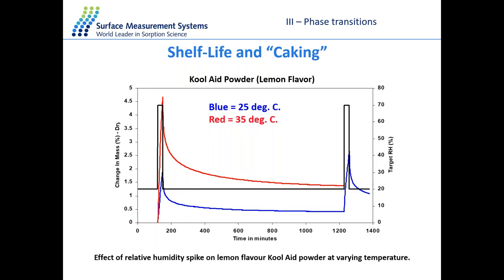And this is an experiment that we can simulate in our DVS. As you can see over here, we have a condition in which we have a very low level of relative humidity, but then we have a significant jump, only for a few seconds or for a few minutes in this case, to a higher level of relative humidity, and then go back down. And what we want to see here is how different temperatures affect the water content of the sample.